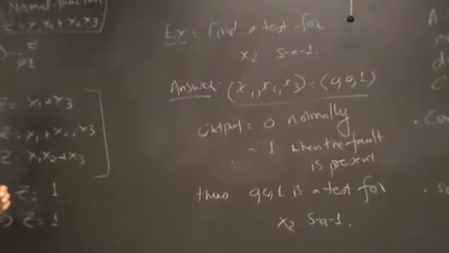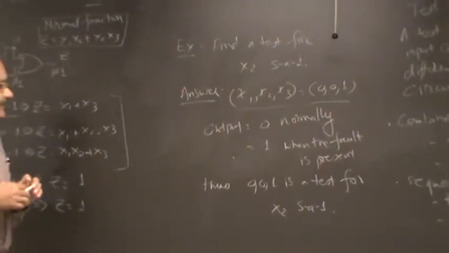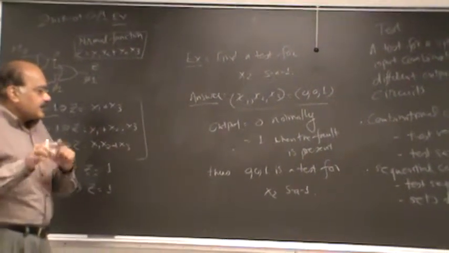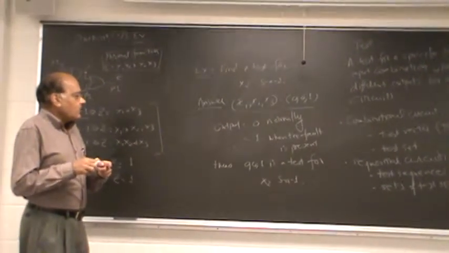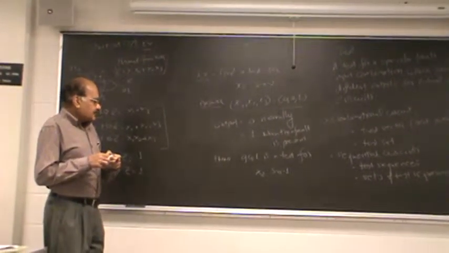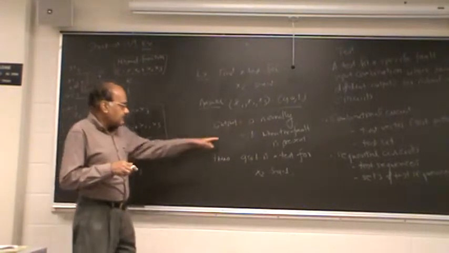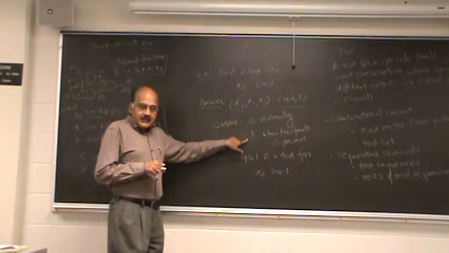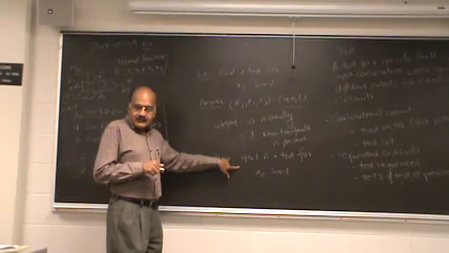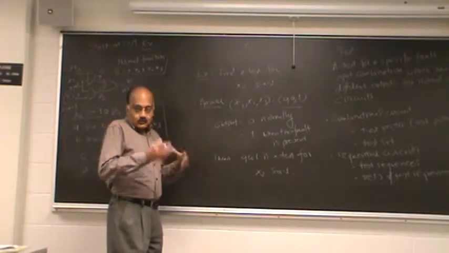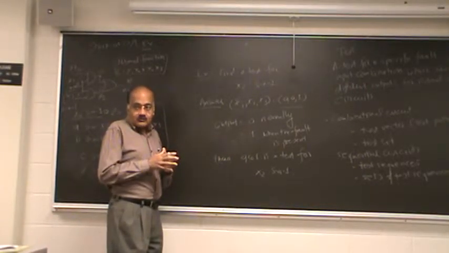Now notice here that we are not claiming that if you apply 0, 0, 1, and if you find that the output is faulty, then it is this particular fault. We are not claiming that. It could be because of some other fault, we don't know.